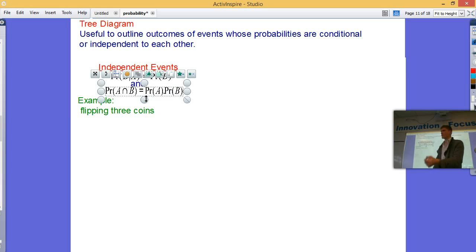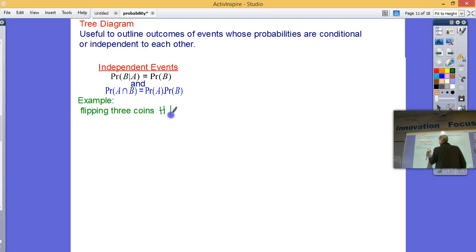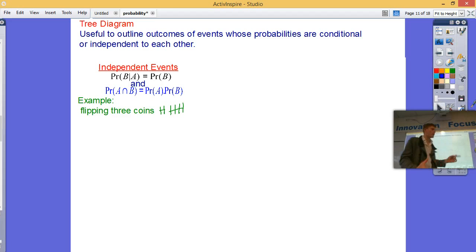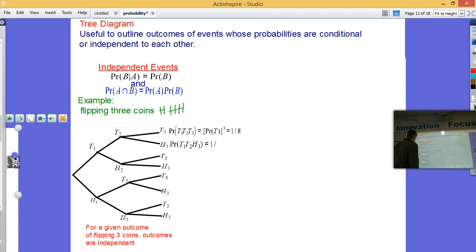So let's flip 3 coins. 1, 2, 3. What kind of outcomes could we get? Well, one example of an outcome could be 3 heads. Head, head, head. Okay? We can lay out all the possibilities in a tree diagram.